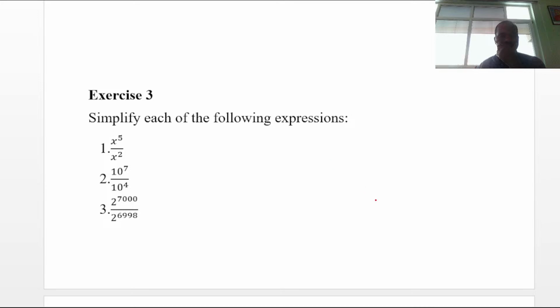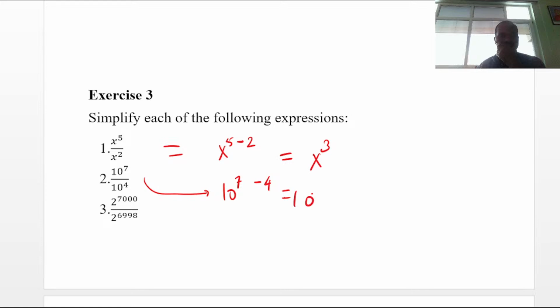Simplify each of the following expressions. So with this, we'll be taking x power 5 minus 2. We used laws of division, so that is x power 3. Coming to this, it will be 10 power 7 minus 4.